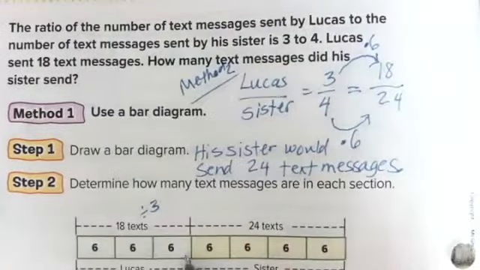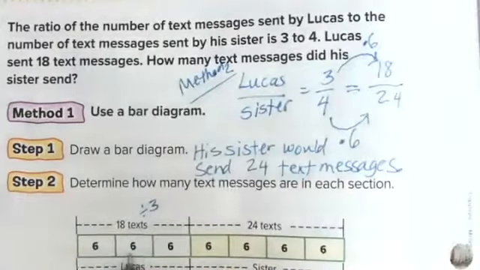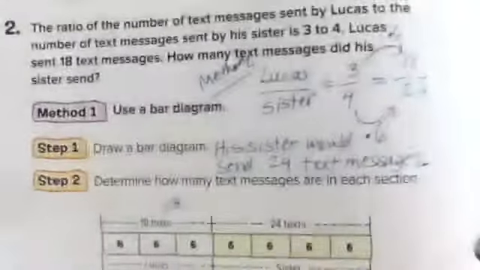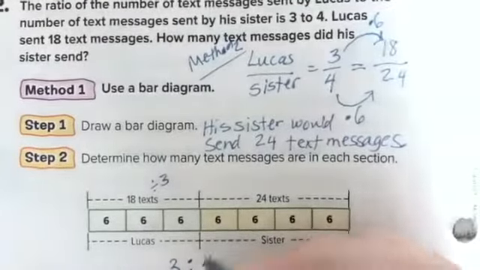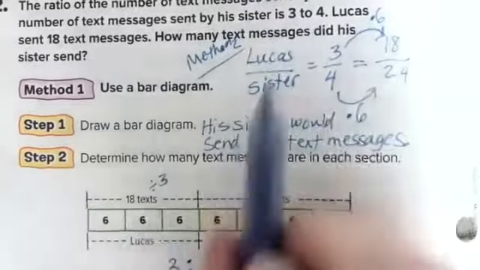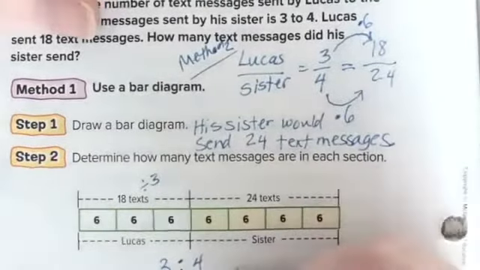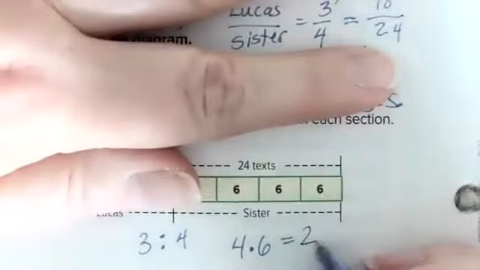And then we know that the ratio is 3 to 4. So if he has 3 boxes of 6, she needs to have 4 boxes of 6, because we know in the problem the ratio is 3 to 4. So he has 3 times 6, 18 messages. She has 4 times 6, which is 24.